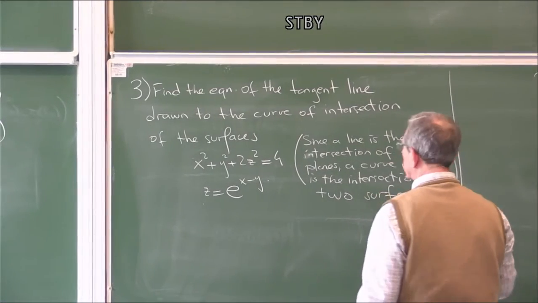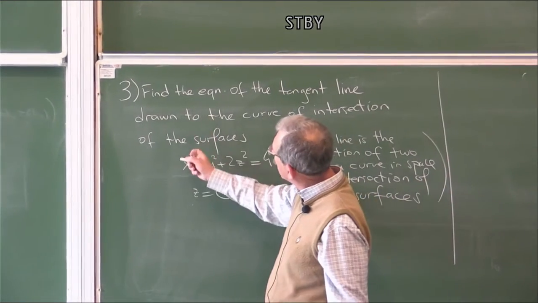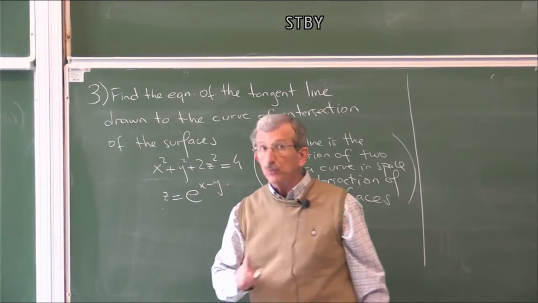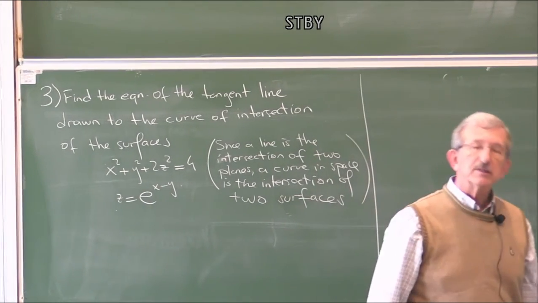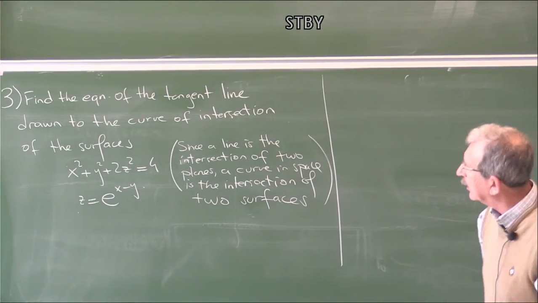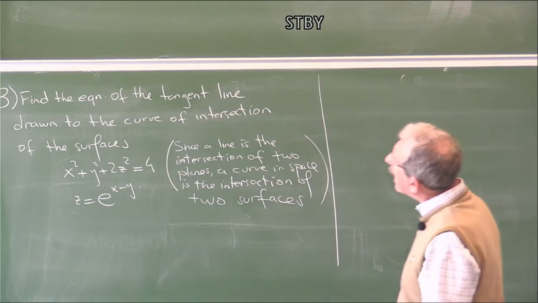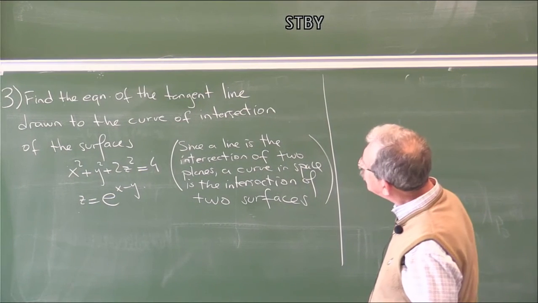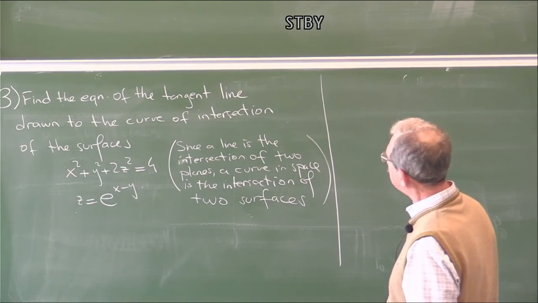This, of course, tells us that a curve equation is also given by two equations in space, just like a line equation. Now, what do we have here? Well, we have two surfaces intersecting.